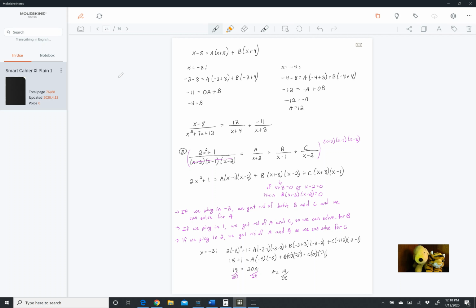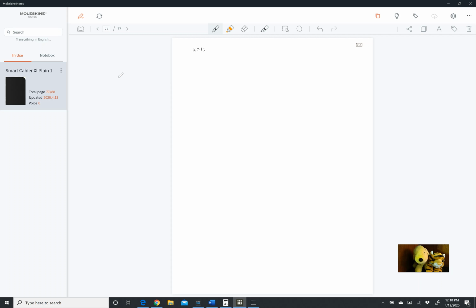Okay, let's plug in x equals 1. So we have 2 times 1 squared plus 1 is equal to A times 1 minus 1 times 1 minus 2, plus B, 1 plus 3, 1 minus 2, plus C, 1 plus 3, 1 minus 1.